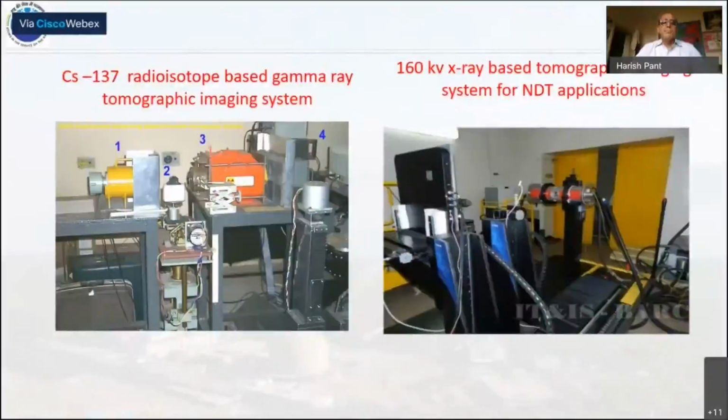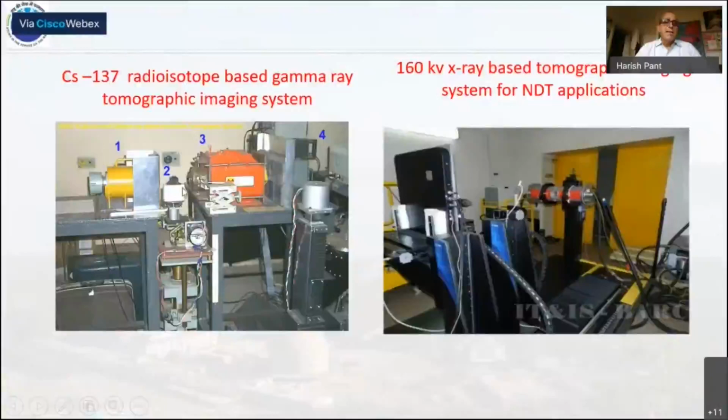Now in BRC, we have developed two different tomographic systems. One is based on the cesium-137 source. Cesium-137 is a gamma emitting source, and you can see that the source is housed inside this shielding, and the beam comes out from a small aperture on the collimator.